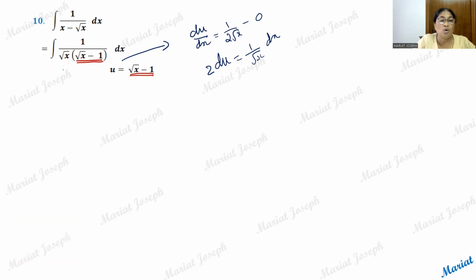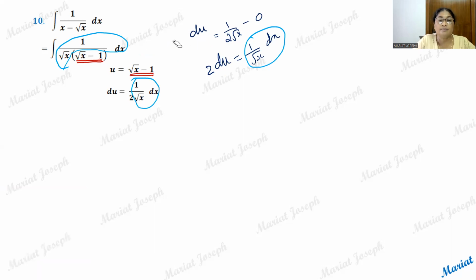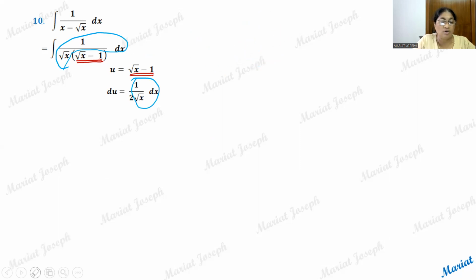Because we already have 1 upon root x into dx, we have kept it ready. Look, this 1 upon root x into dx is kept ready.